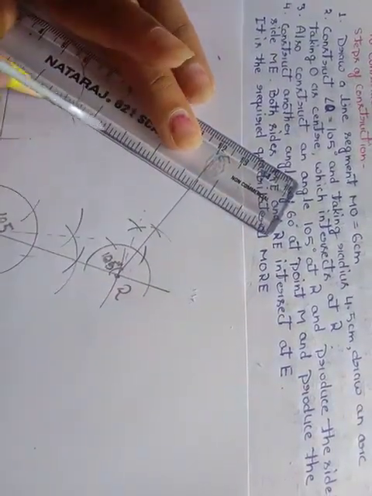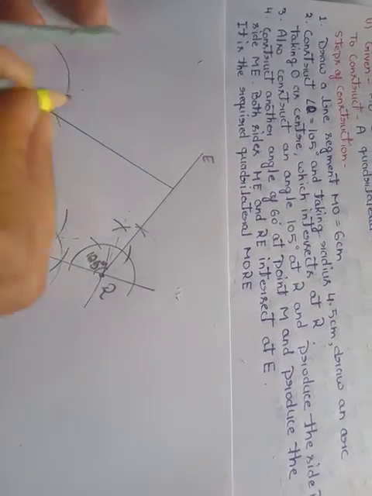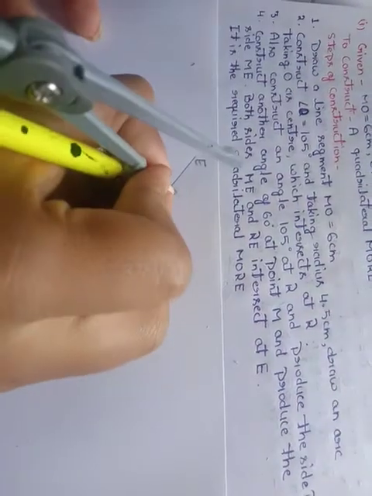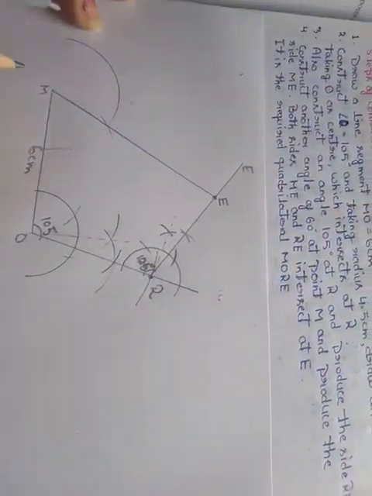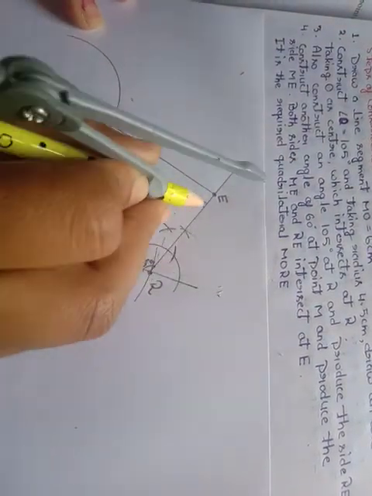Both sides ME and RE intersect at point E. So this is our E point. Now it is the required quadrilateral MORE.